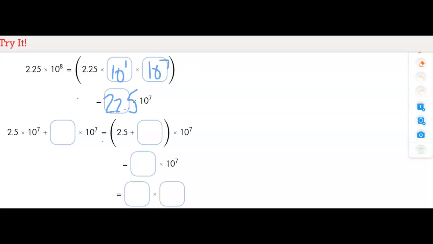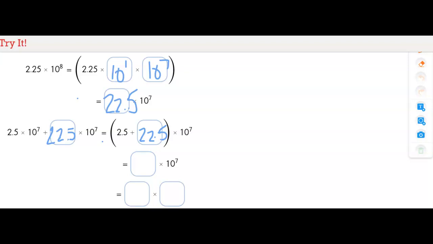Now we have 2.5 times 10 to the 7th plus 22.5 times 10 to the 7th power.